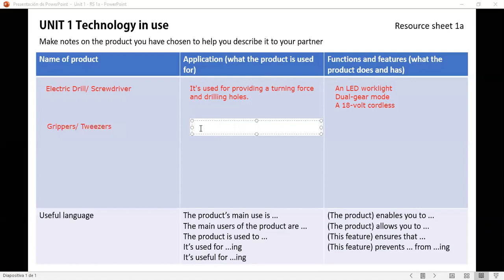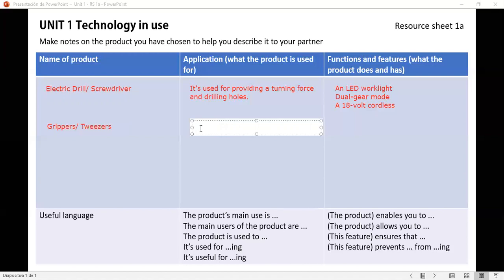In this case, I can say the product is used to fasten some things on the table for repair. Maybe any components. I can say that.